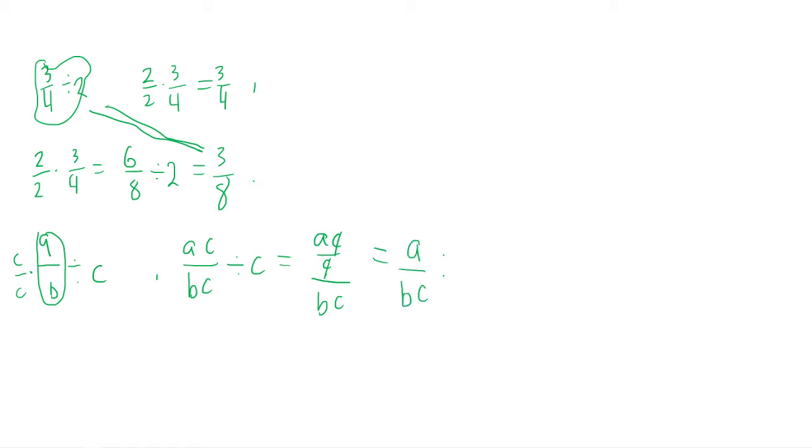Well, you might think that process is a little bit tedious, and I agree with that. So another way we can think of it is that when a fraction a divided by b is to be divided by an integer c, we only have to multiply the denominator by that number and leave the numerator as it is.